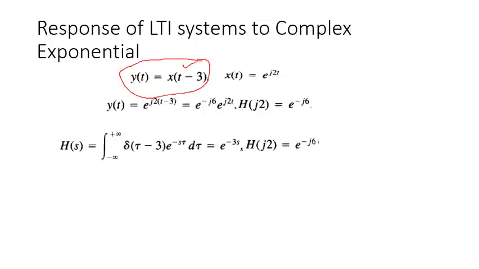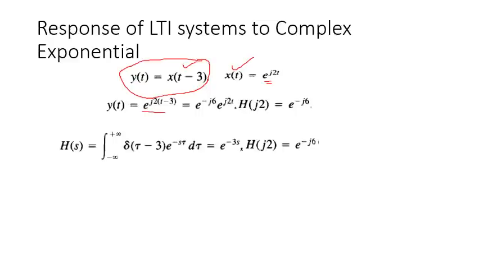Let's find the system response, or the complex scaling factor. The input is x of t equal to e power j2t. When this is given to the system, the output is the version shifted by 3 units, so e power j2 times (t minus 3).